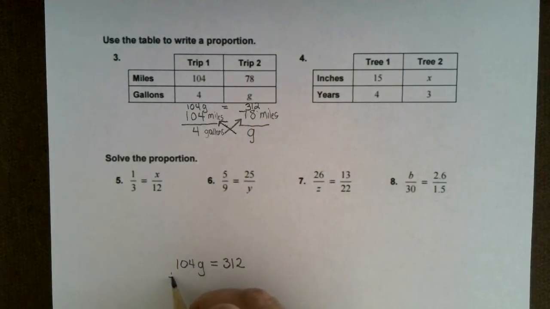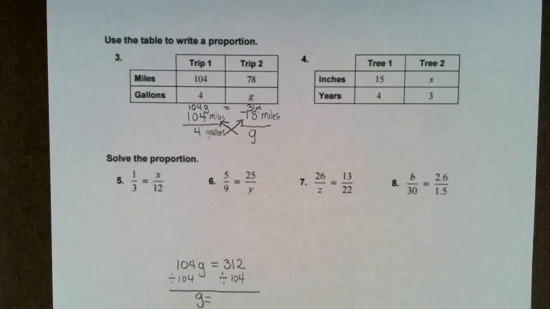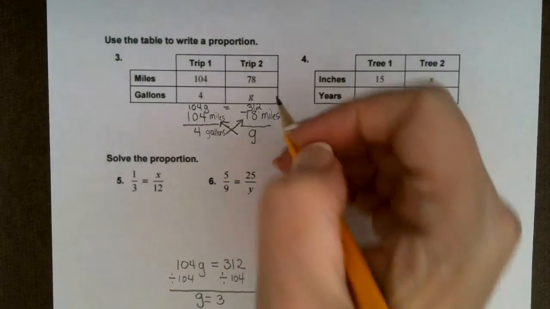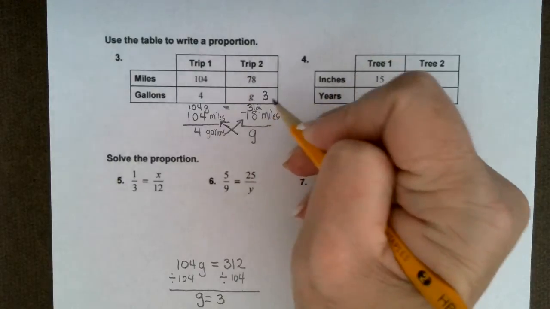So we divide by 104 and divide by 104. 104 divided by 104 leaves us with just 1G that we usually write as a G. And 312 divided by 104 is going to be 3. So G is going to equal 3.